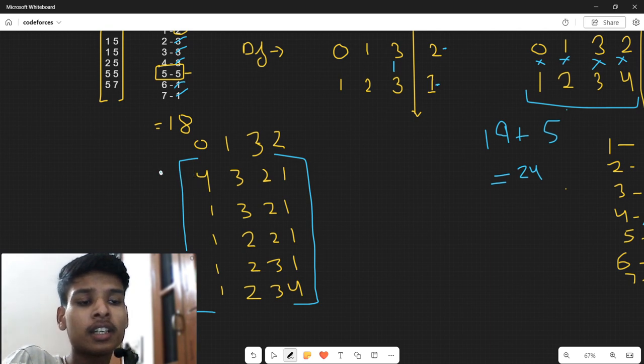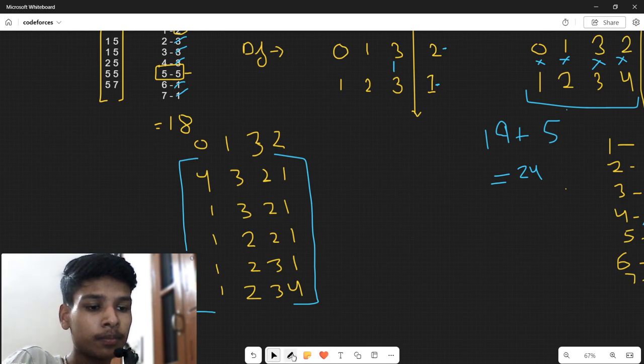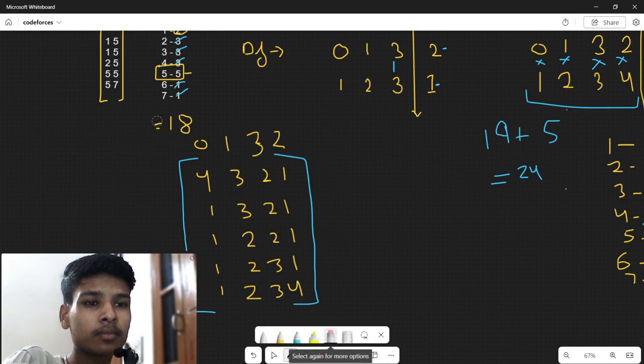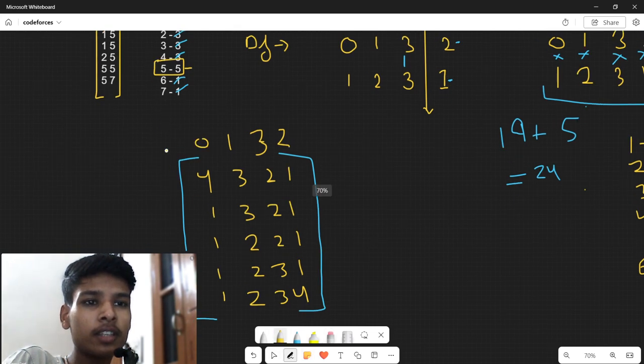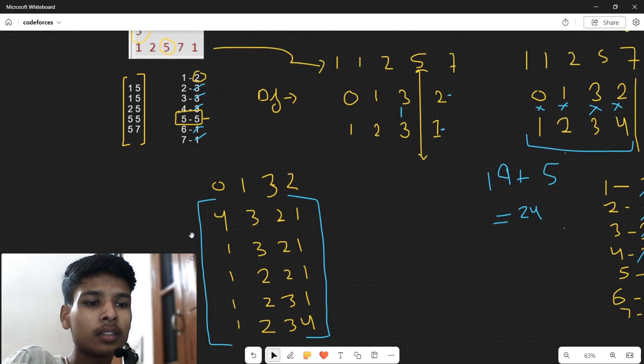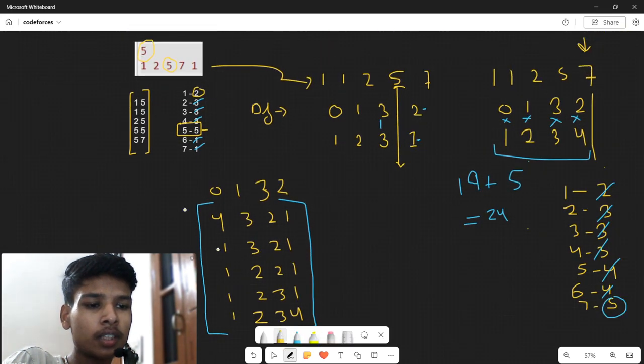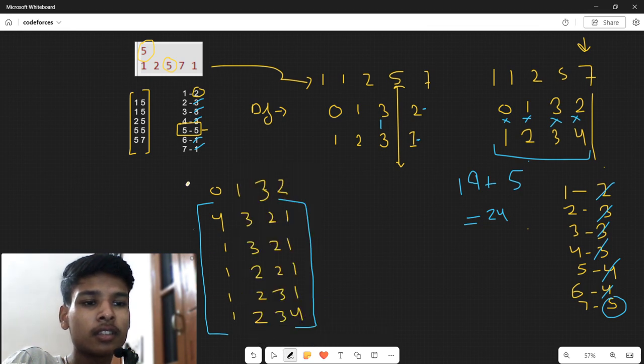First, let us understand the case of the sorted array. In this case, the sorted array was 1, 1, 2, 5, 7.